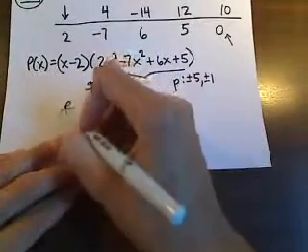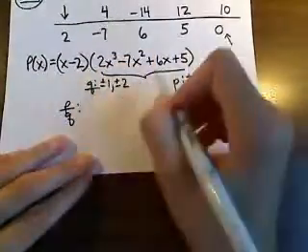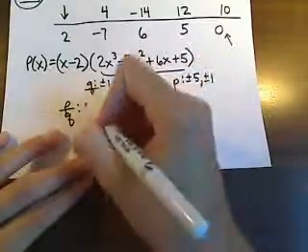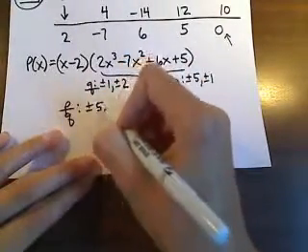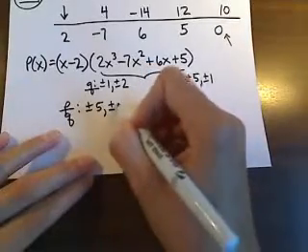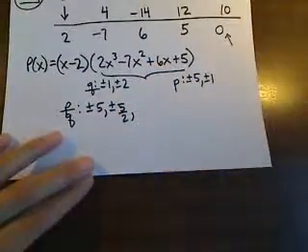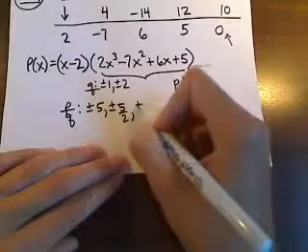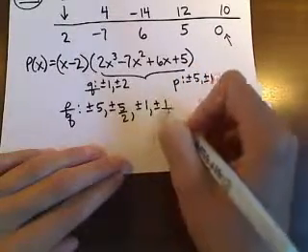So the P over Q list for that particular portion of the function just becomes plus or minus 5, plus or minus 5 halves, and then plus or minus 1 and plus or minus 1 half.